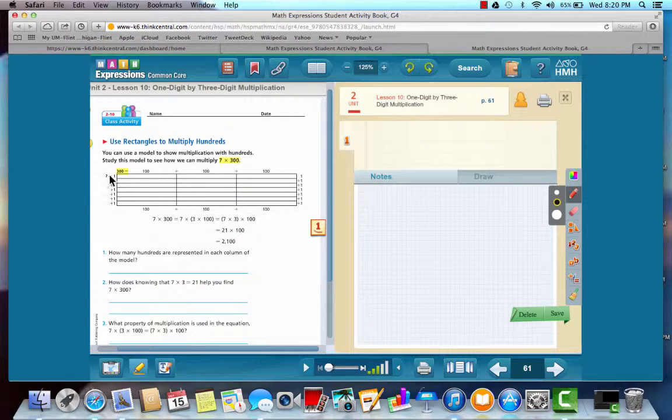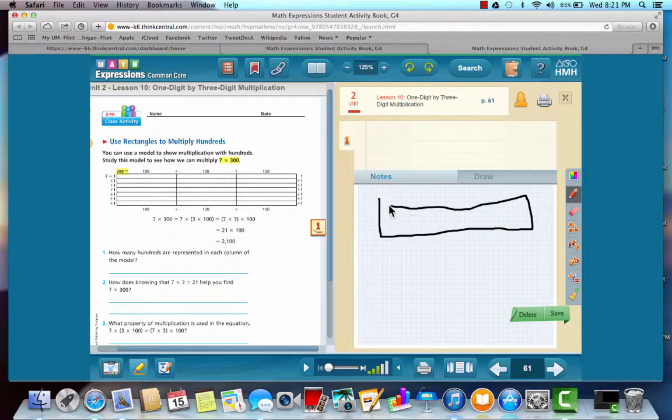And then we're looking at what we're multiplying 300 by, which is 7. So there's a 7 here, and if you look, we have 7 rows. These ones here are just representing one of the 7 rows. So if I take this really confusing looking model, I'm going to break it up over here and show you. This is actually what they're doing.